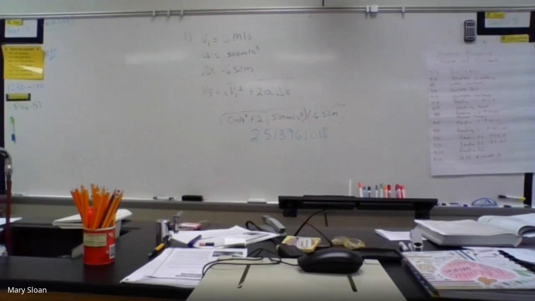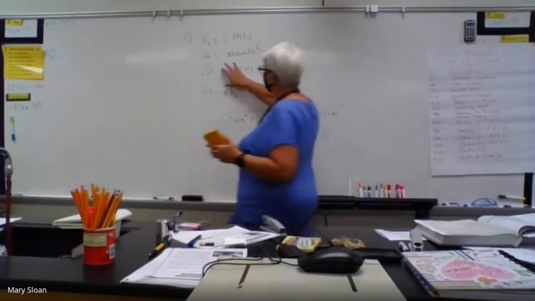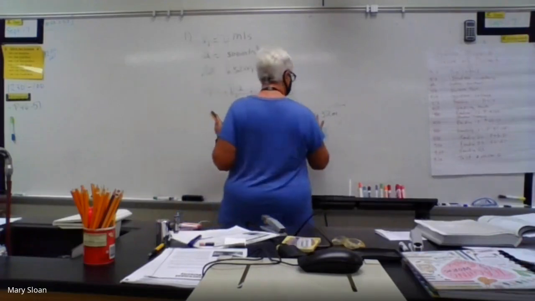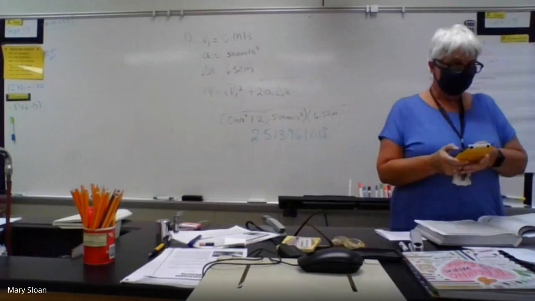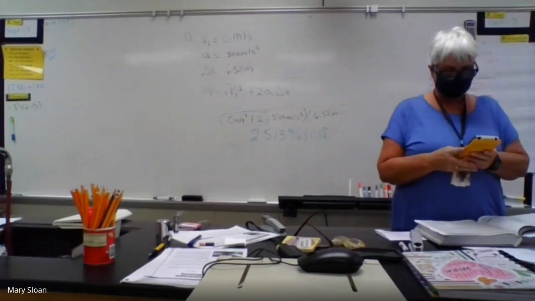Let me see if I put a negative, what happens? Because it's a negative up there. It's not negative. So you don't need it. Oh, it's not negative in the book. That makes a lot of sense. Look at us. We're solving problems just like yesterday.